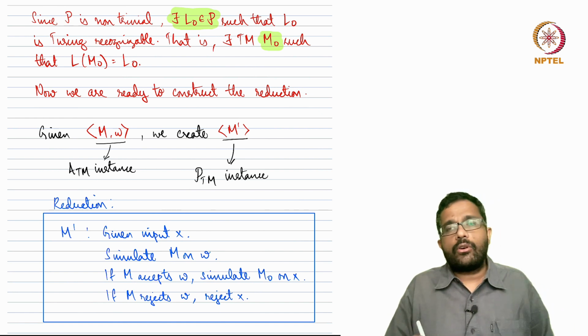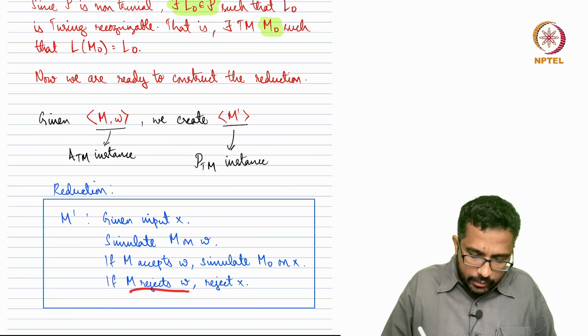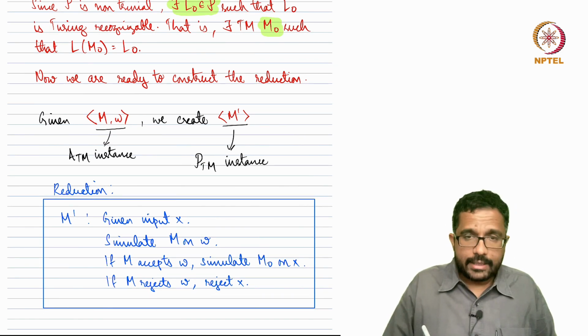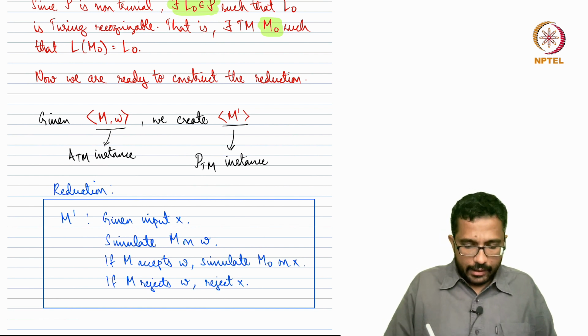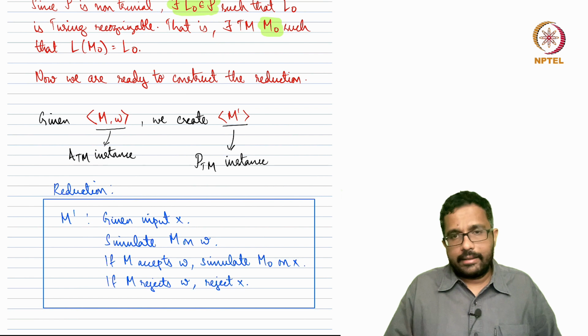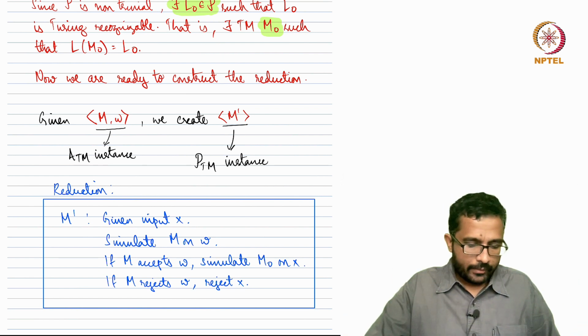If M rejects W, M prime rejects X. And if M loops on W, it doesn't have to do anything. It just continues looping.